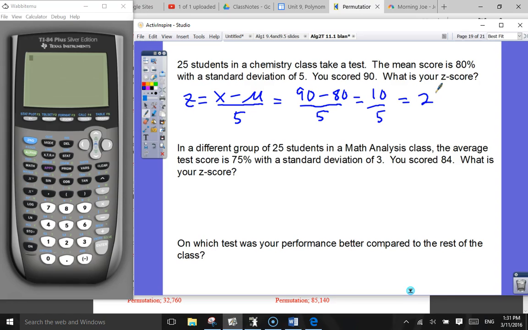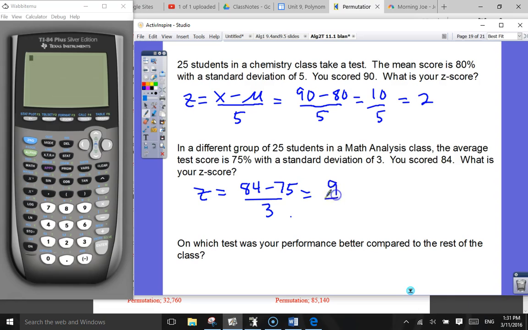Right? In a different group of 25 students, which I guess includes you again, it's a math analysis class, and the average score is 75, right? The standard deviation is 3. You scored 84, which is not as good as the 90 you scored on the other test, right? But let's calculate the z-score. Z equals 84 minus 75 divided by 3, right?